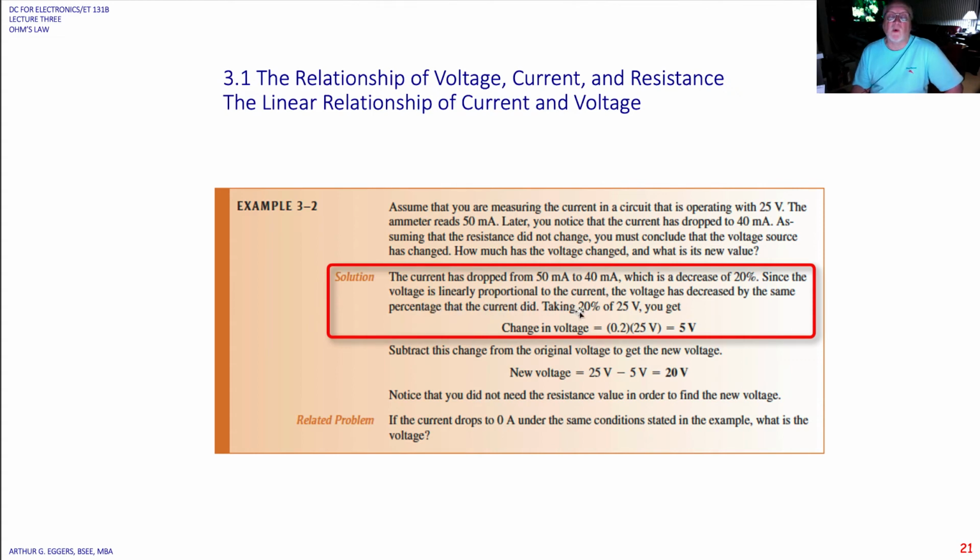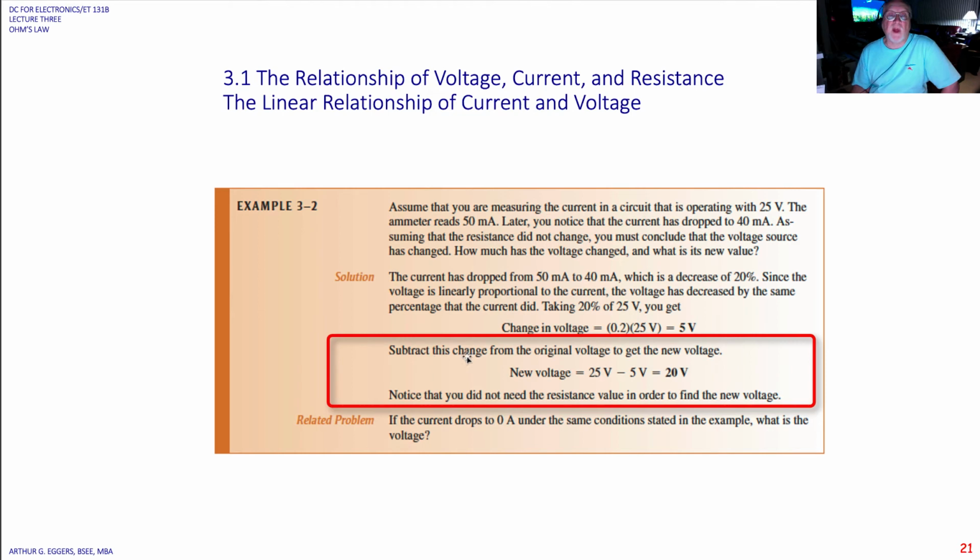Taking 20% of 25 volts, or 2/10 times 25, we have a change of 5 volts in the voltage. If we subtract this change from the original voltage, we get a new voltage of 25 minus 5, or 20 volts, to align with the 40 milliamp current that we are seeing in the circuit.